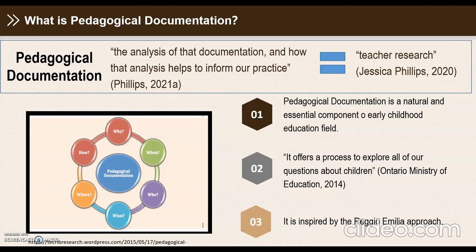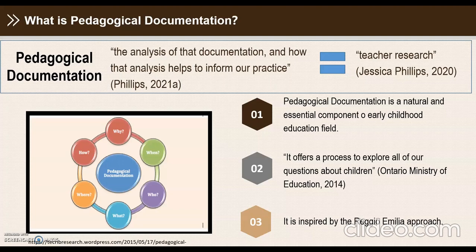It is because this form of documentation is not only used to display for other people to see what is happening in children's learning, but it's also used to support us to gain better insights into each child in our classroom and what they have learned from our teaching, as well as their special needs in learning and development.